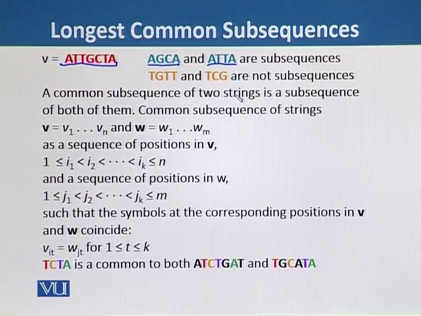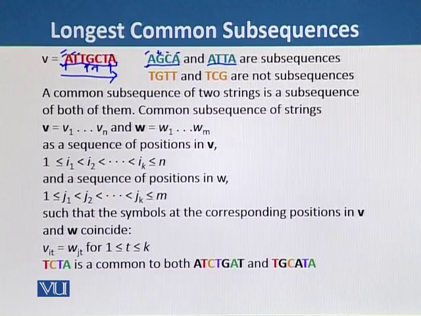We can see here that the A is here and we selected A. Then in order we have selected G, then C, which is also in order after G, and then A. So these A, G, C and A are in order. Similarly, ATTA is also in order. We can see here A, T, T, A.